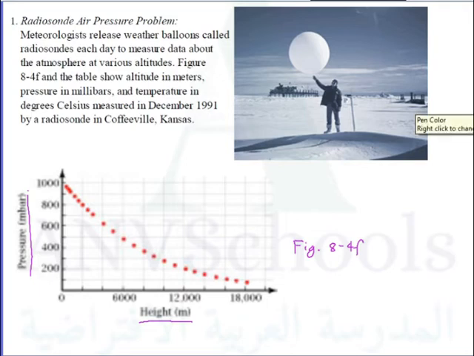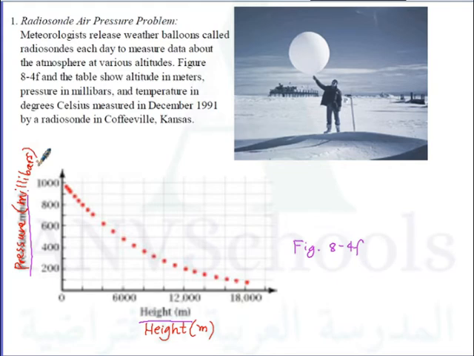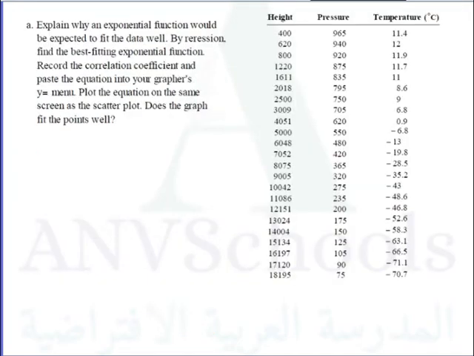So let us clarify: height in meters, pressure in millibars, and temperature in degrees Celsius.